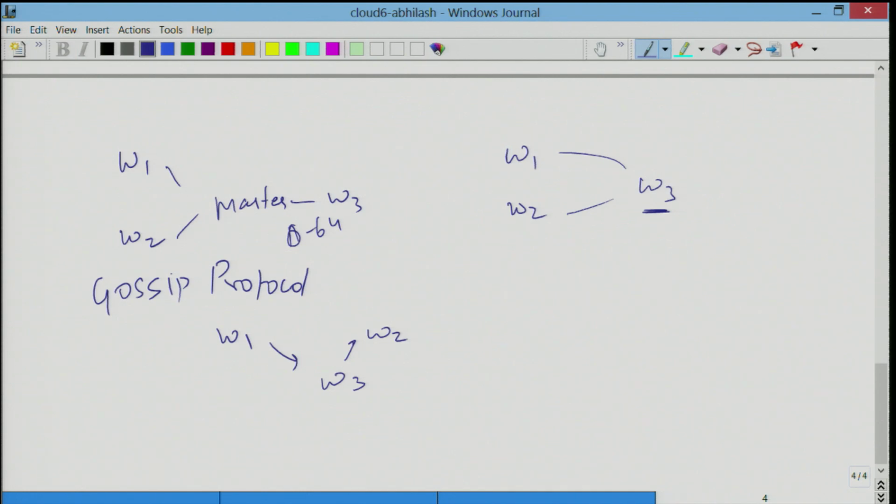So gossip is quite useful because if W1 has an update, W2 will get to know about the update made by W1 in the second round of gossip. So in log n rounds, everyone will get to know about everyone else. Gossip is really, really good because the rate at which information can flow becomes logarithmic.